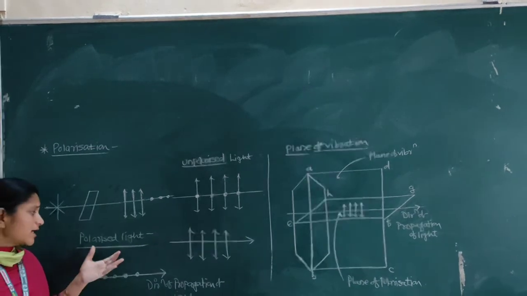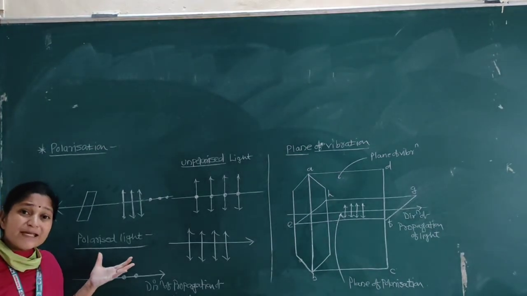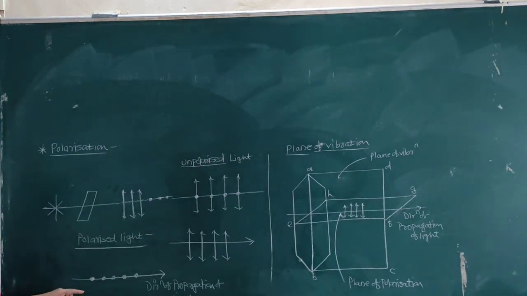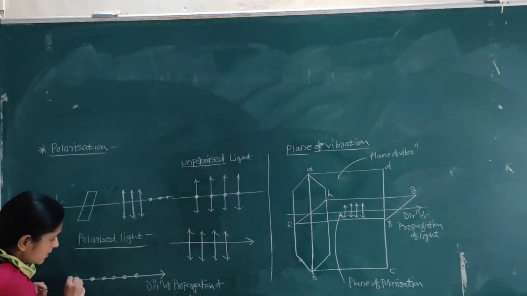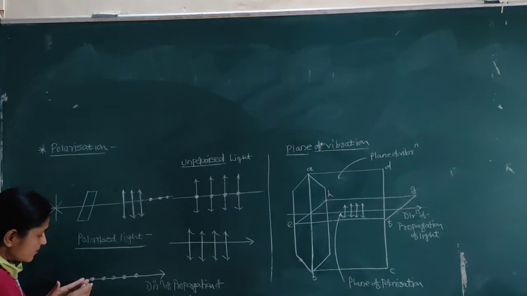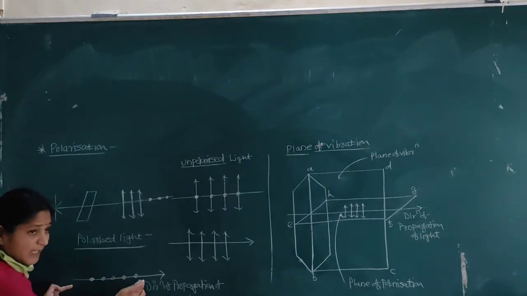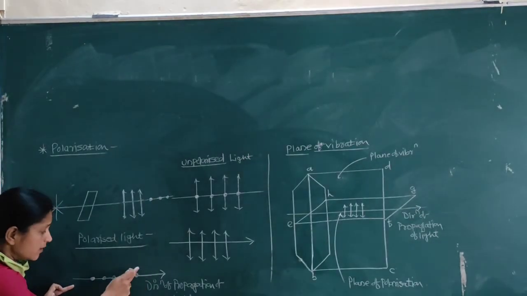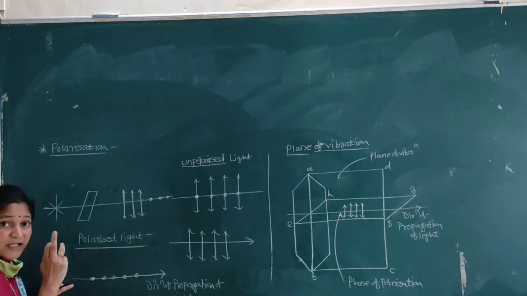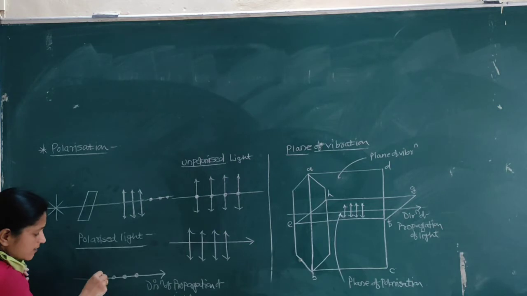Now after that, polarized light or plane polarized light. If we consider this is the direction of propagation of light, and if we represent light by a dot in that line, then it is said to be polarized light, because one direction is there.